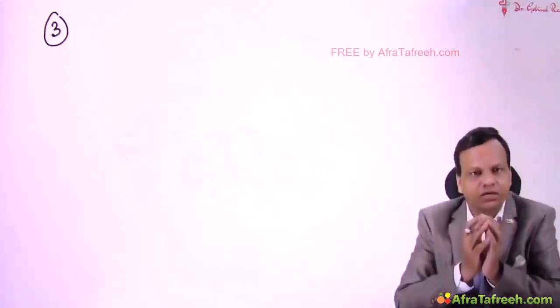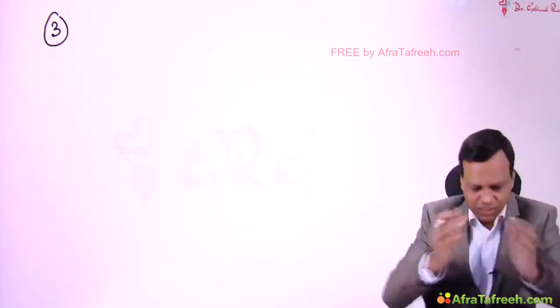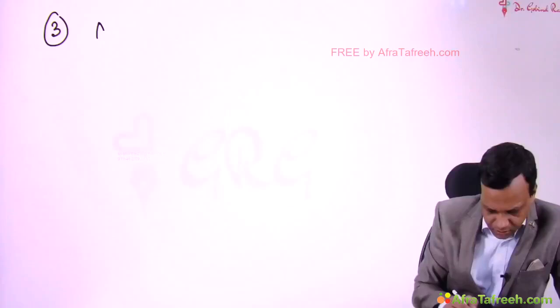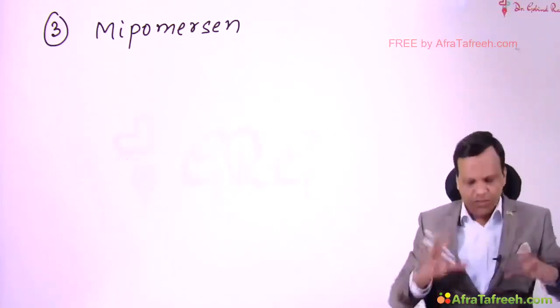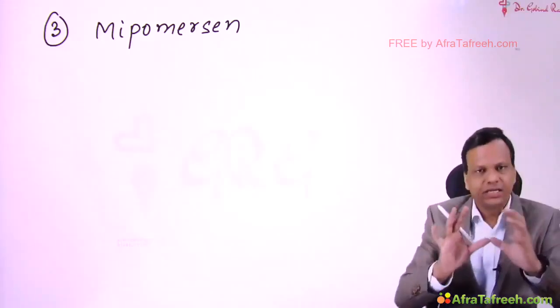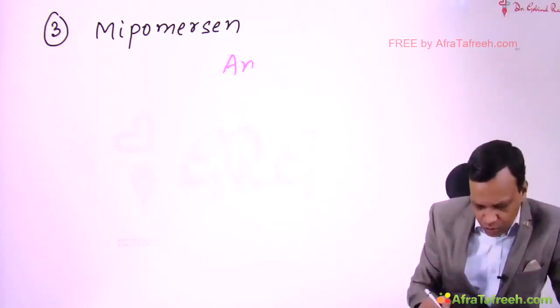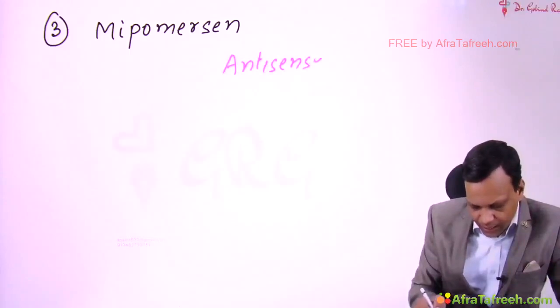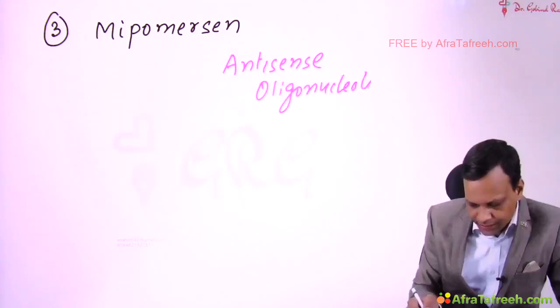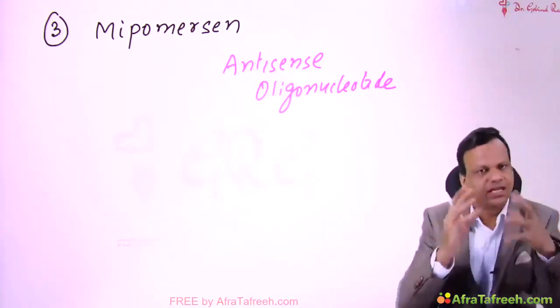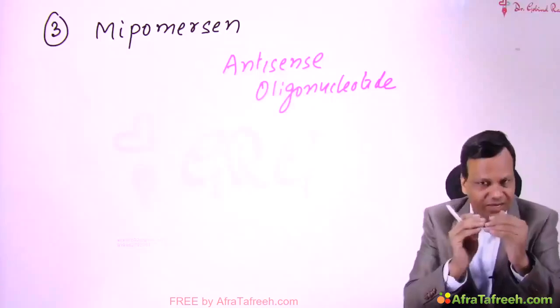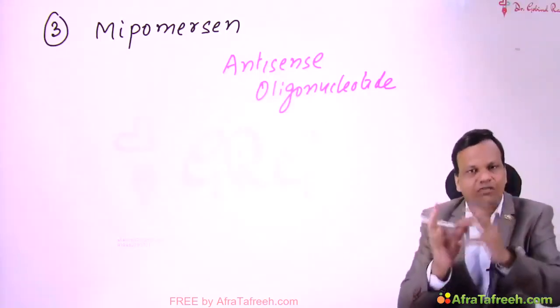Then we have the third group of drugs. This drug is known as mipomersen. What this drug is, basically, is an antisense oligonucleotide. Remember, for any antisense oligonucleotide, the name says the chemical structure is similar to the antisense strand of RNA.